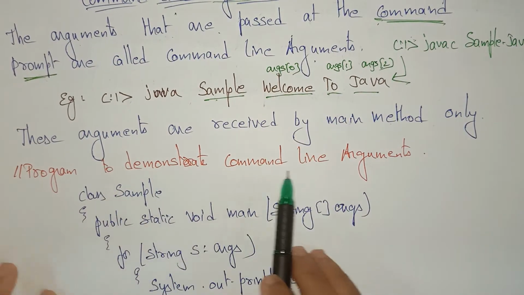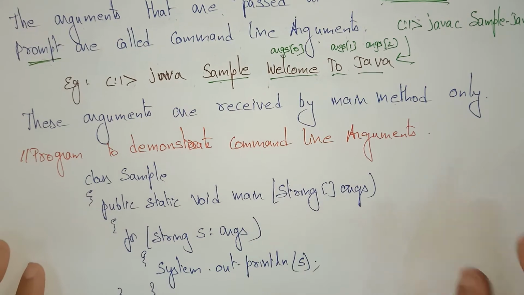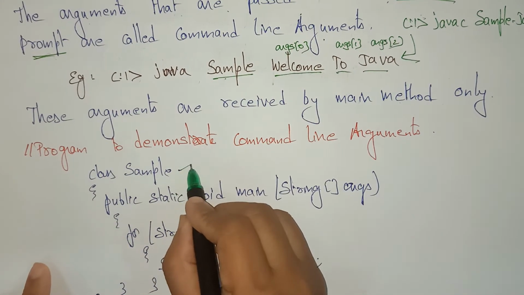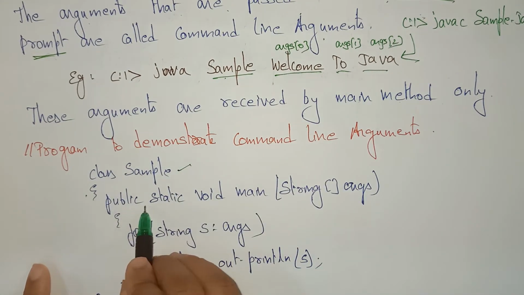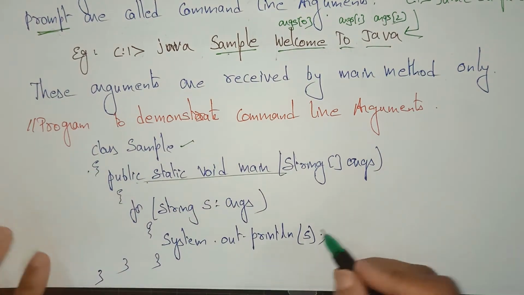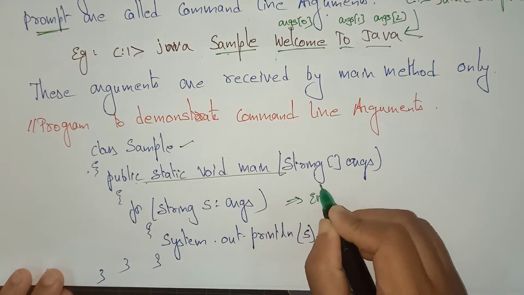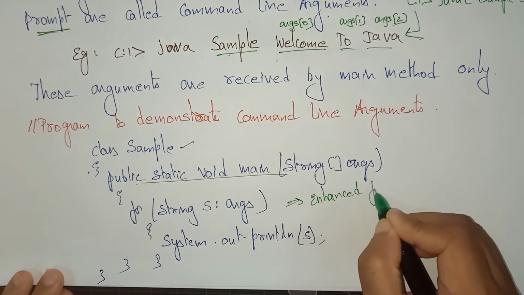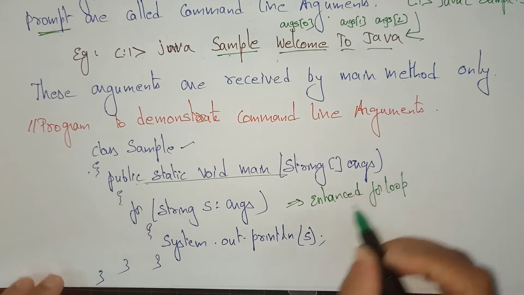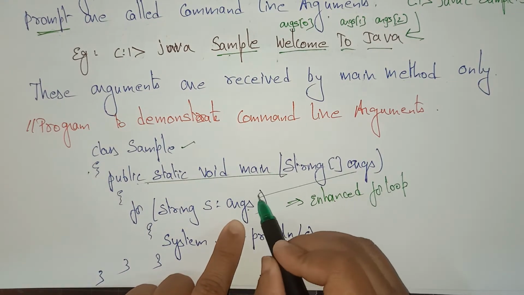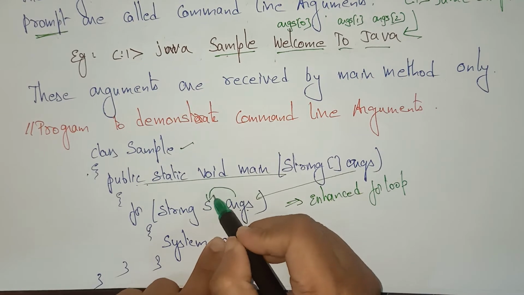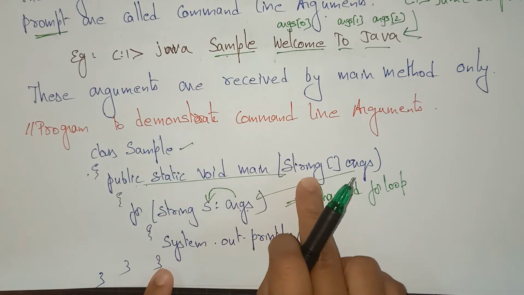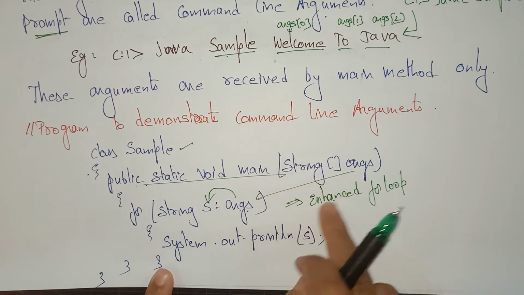A program to demonstrate command line arguments. Class sample: the class is loaded, the open brace is executed, and the main method is called. Here I have used the enhanced for loop. Whatever arguments there are, I pass them into the string s, because args is declared as a String array.